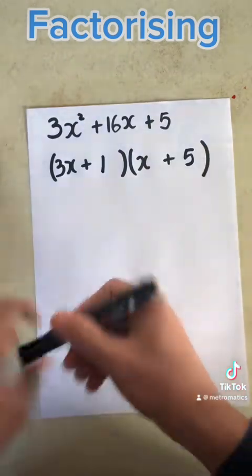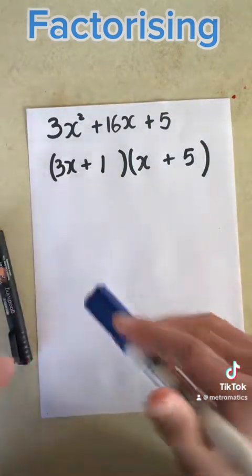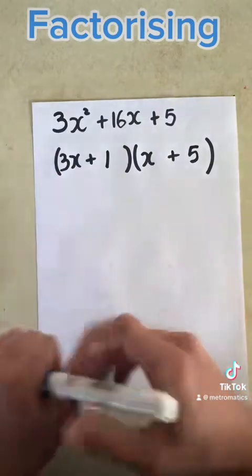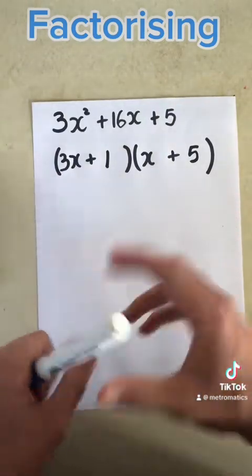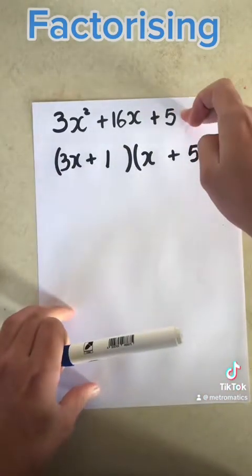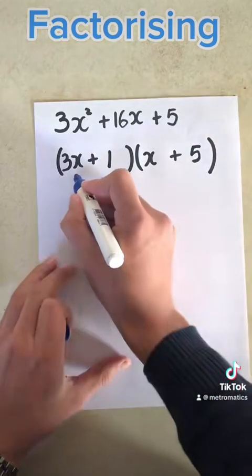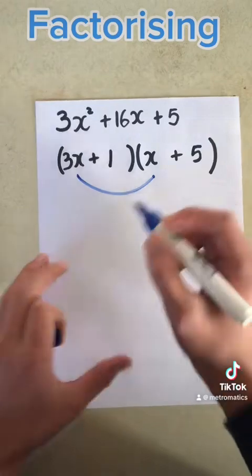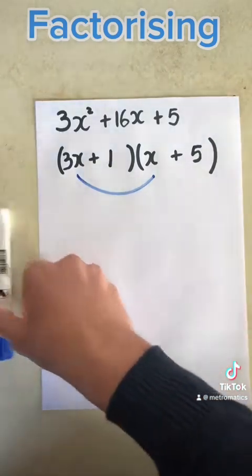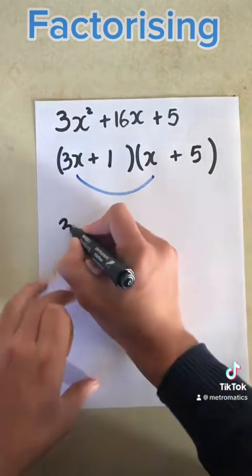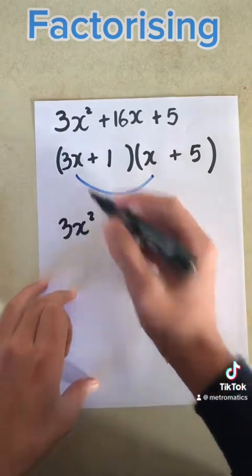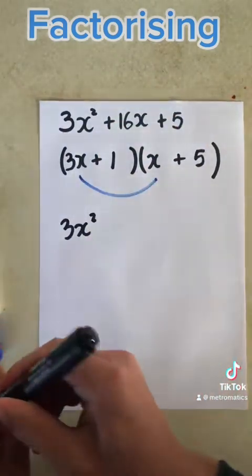To check if your answer is correct, you can use the FOIL method to see if you land back on the same equation. So 3x times x will give me 3x squared. Okay, so I have that so far.